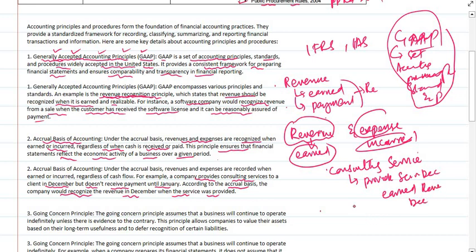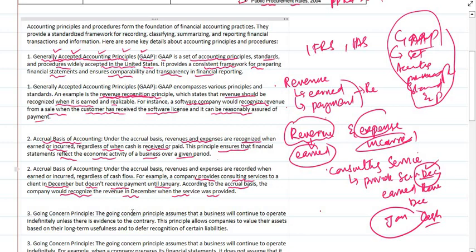The cash for these services you will receive in January. So the actual payment will be in January, but you have earned this in December, so you will recognize this revenue in December. This is the actual concept of the accrual base of accounting.